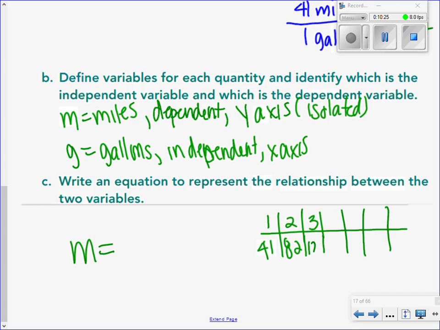Mueller needs some coffee. Plus, oh, that's not right. And 164 at 4 gallons, so on and so forth. What am I doing with gallons and miles?